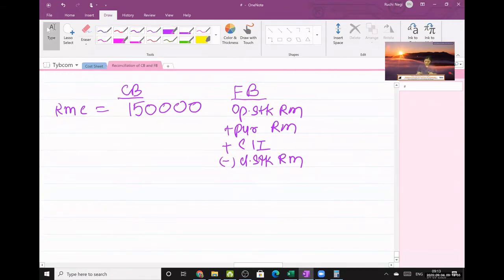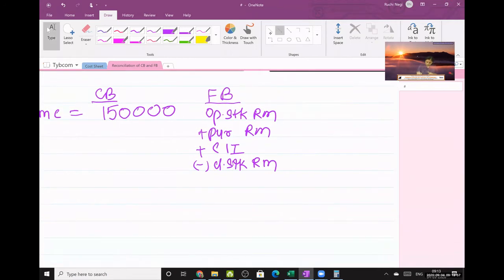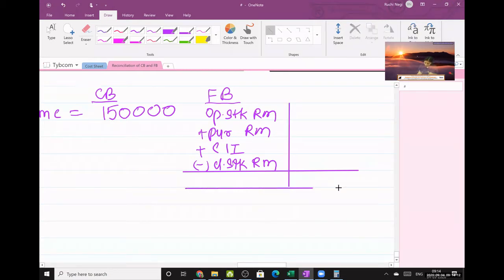Right. Next, finance books. As per finance books we have to calculate, right? So let us calculate. Write down the formula: opening stock of raw material, add purchase, add carriage inward, and closing stock. C/I is the abbreviation for carriage inward.